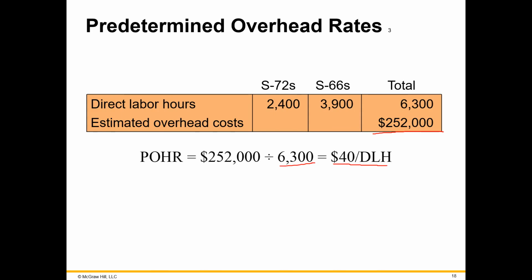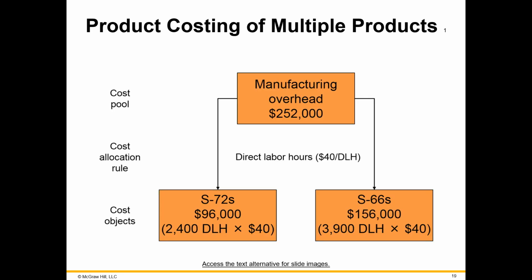So for the S72s, for the reporting period, we had 2,400 direct labor hours for this line. So we're going to multiply that by $40 of overhead per direct labor hour to get your $96,000 of overhead allocated.